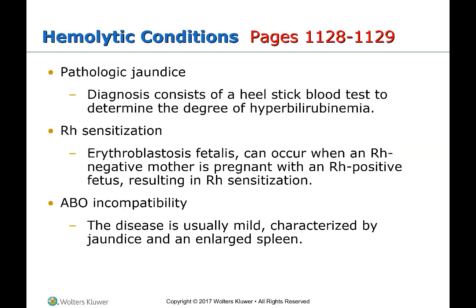But if this happens, RH sensitization, it says erythroblastosis fetalis, when an RH negative mother is pregnant with an RH positive fetus. So what is happening in that one? The woman's antibodies destroy the fetus's red blood cells. So if she did not receive the program at 28 weeks gestation, this could happen.